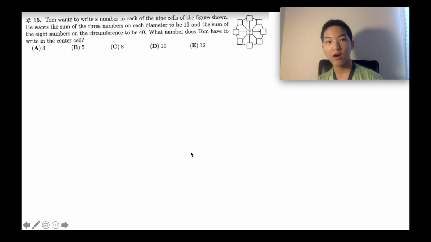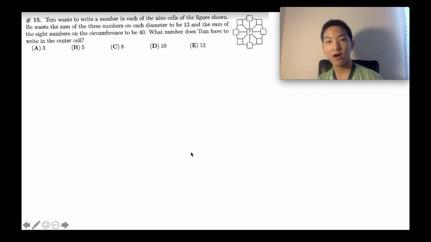Now we have problem 15. So there are many ways to fill in the numbers in the circumference, but we only need to find the one where all pairs of opposite numbers have the same sum. So since the question tells us that he wants the sum of the 3 numbers on each diameter to be equal to 13, then the sum of these 3 numbers must be equal to the sum of these 3 numbers, which must be equal to the sum of these 3 numbers, and so on.